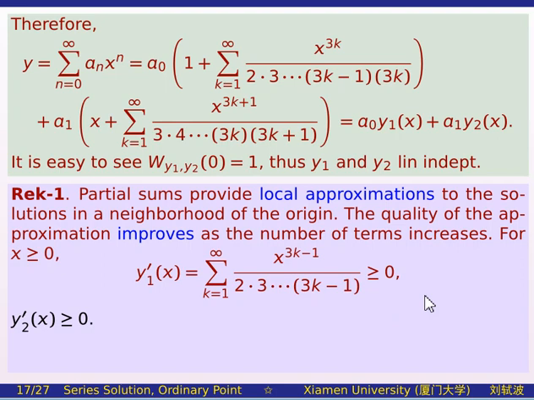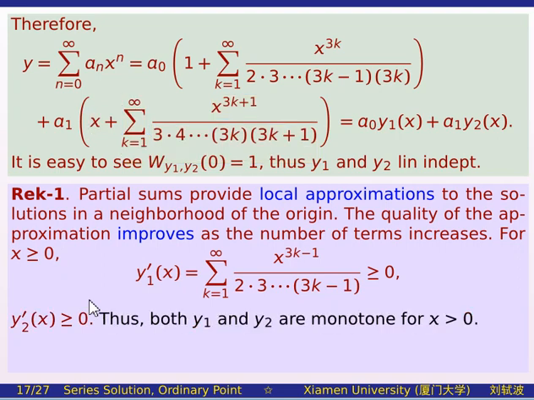Okay. Similarly, because the coefficients of y2 are also non-negative or even positive, differentiating term by term, we also see that the derivative of y2 for positive x is also positive. So this means that y2 is also strictly increasing for positive x.